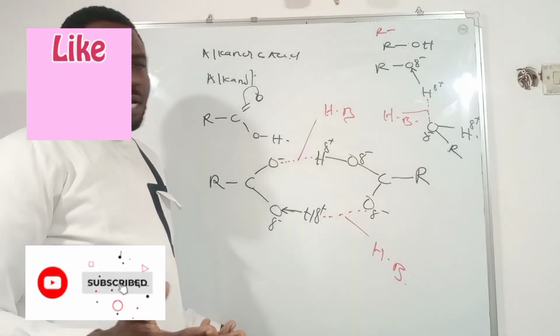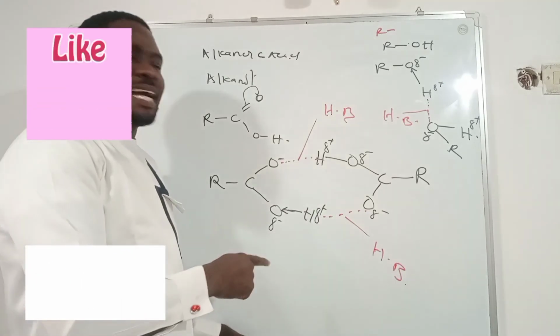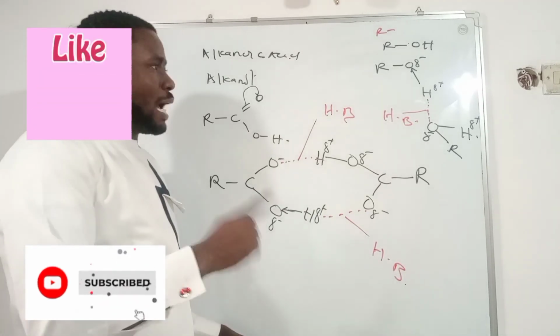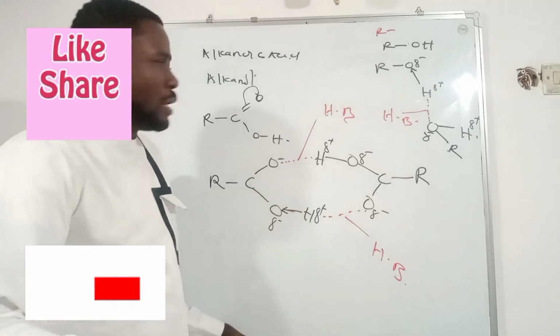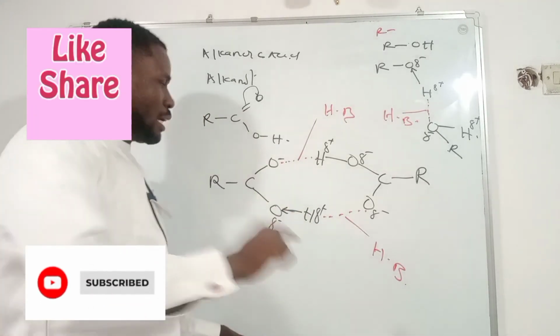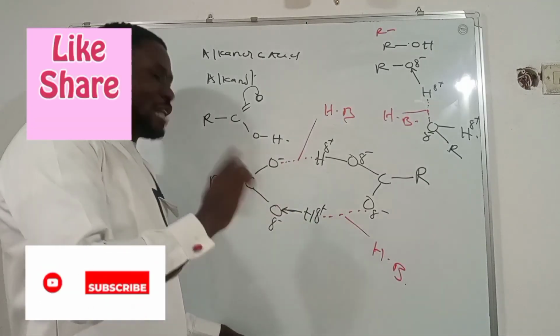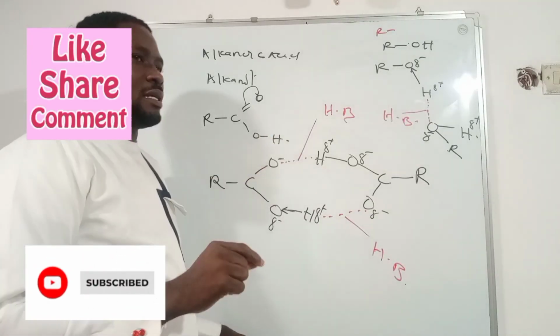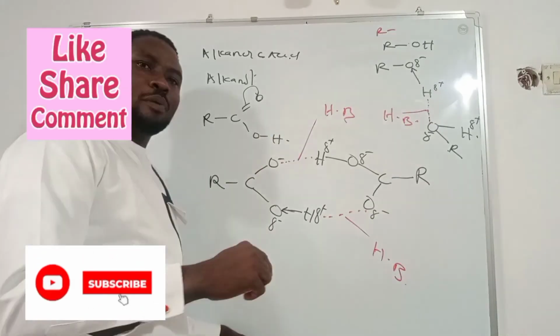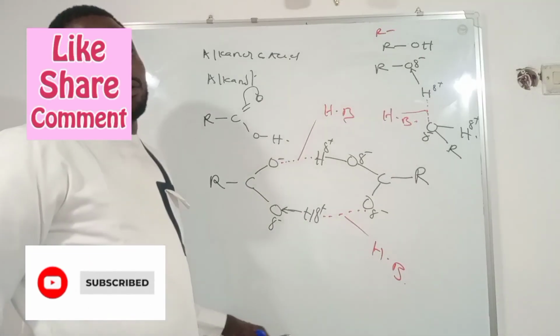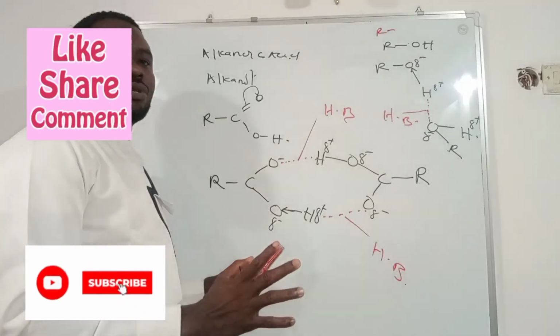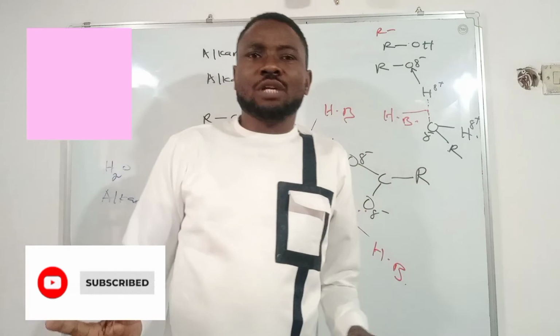You may see in some examples, they will say explain why the boiling point of alkanoic acid is higher than that of alkanol. Sometimes they go specific. They can tell you that the boiling point of hexanoic acid is higher than the boiling point of hexanol. Explain. The same explanation applies.